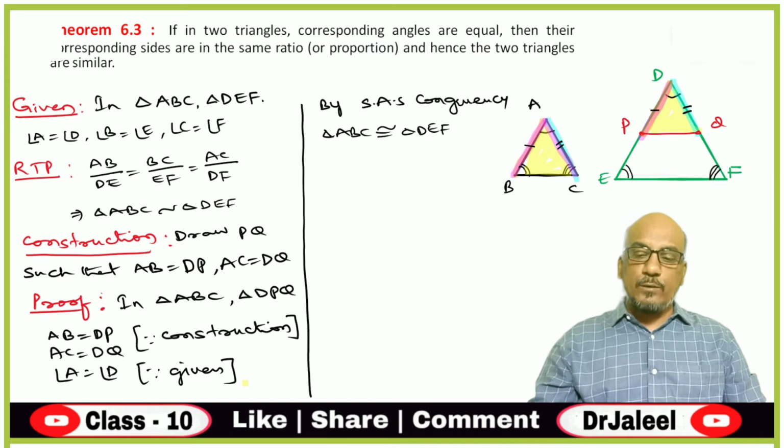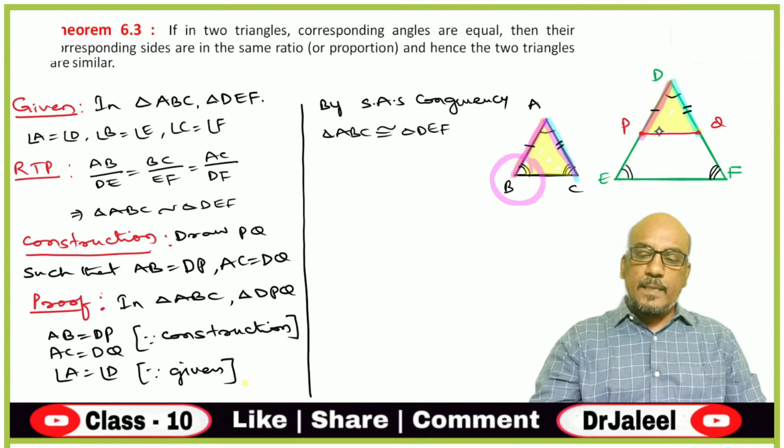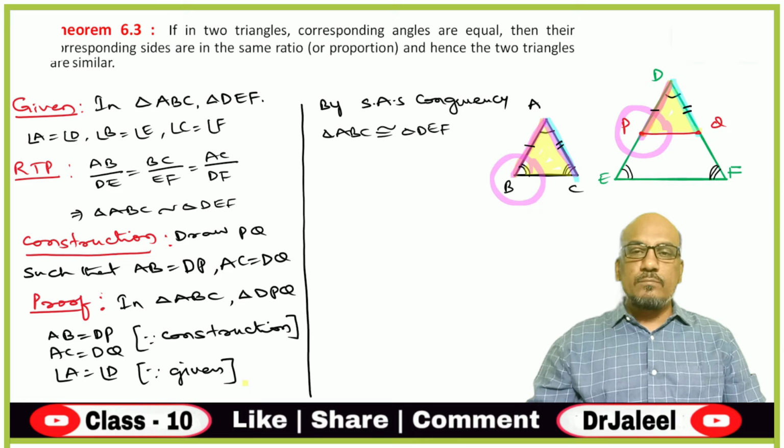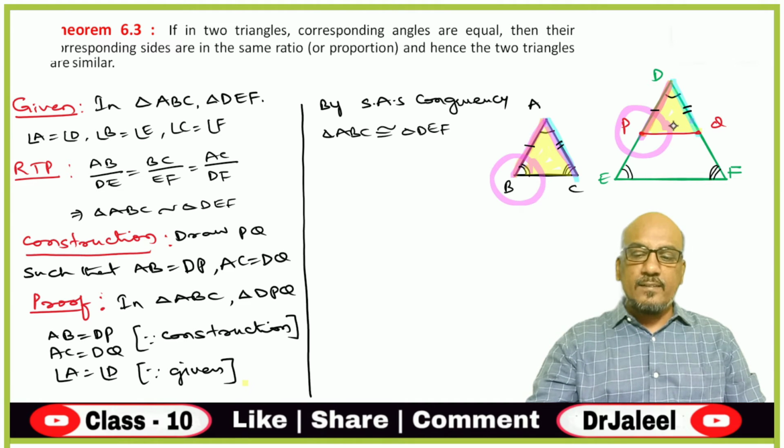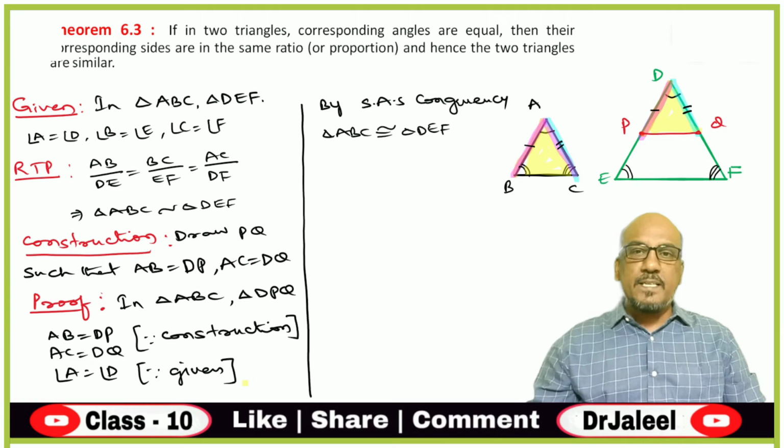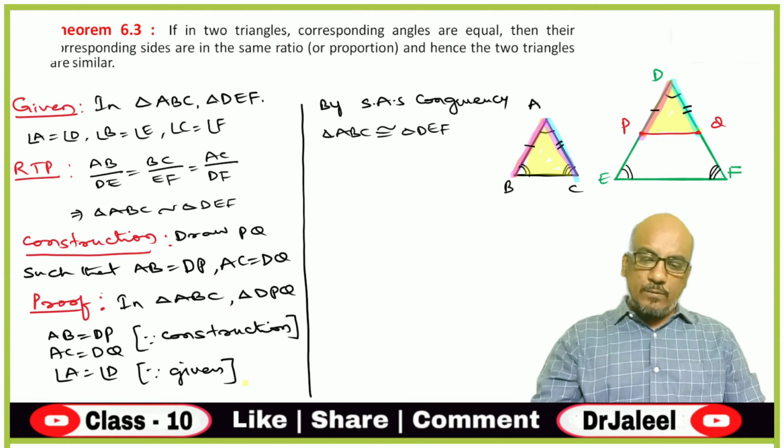In the next step, we are going to mention that angle B is equal to angle P. How are they equal? Because both the triangles are congruent, these two parts are the corresponding parts. So by CPCT, what is CPCT? Corresponding parts of congruent triangles are equal.